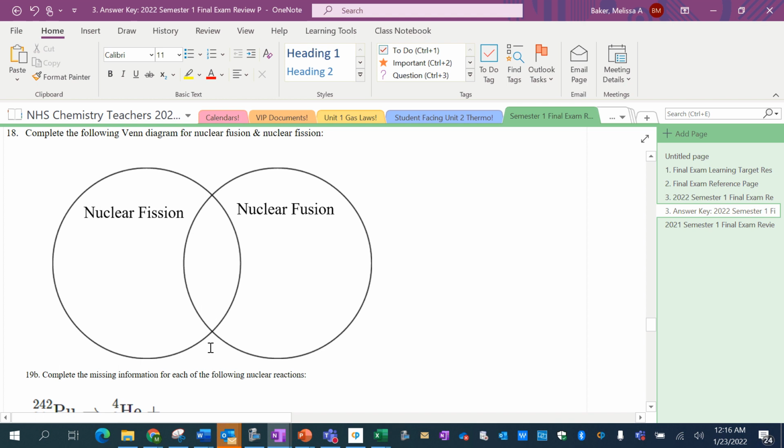Fission and fusion both release energy. Fission is when you have a larger nuclei and it gets split. Fusion is when you have two small nuclei adding together to form one larger one. Fission has radioactive products.